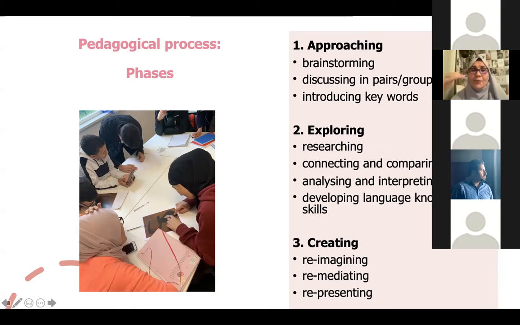The first stage, when we see the artwork, we call approaching. When we approach the artwork, we ask the students to brainstorm and discuss. I will share the practical side in the second phase when we talk about the school. For now I'm only giving you the general view.